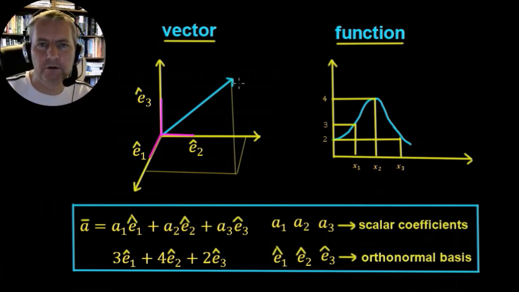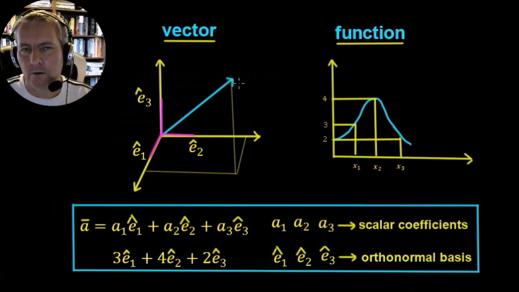But we don't use the x, y and z. We determine the directions via multiples of a basis vector. So these vectors here, e1, e2 and e3, point along the x, y and z axes. These are vectors of unit length, so length 1. The vectors here are normal to one another. Normal, loosely, means at right angles.